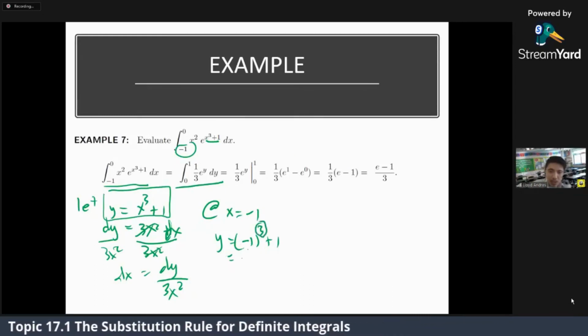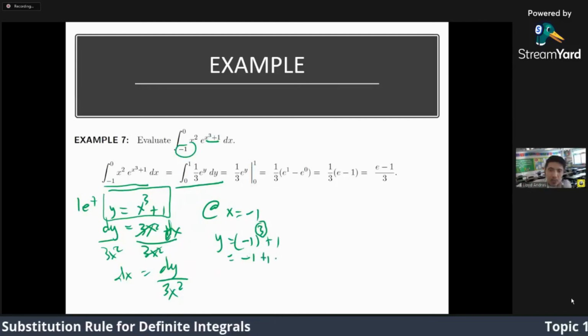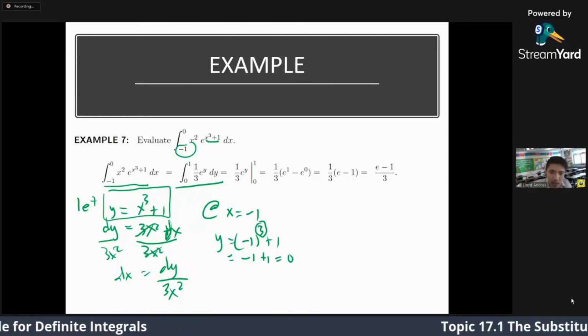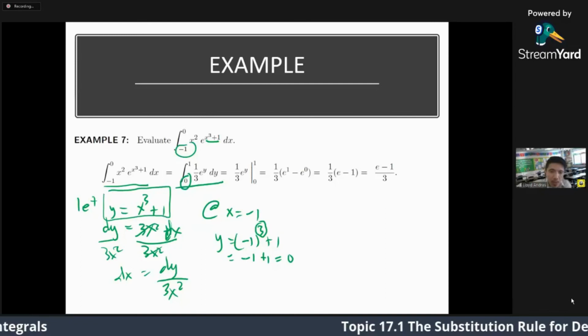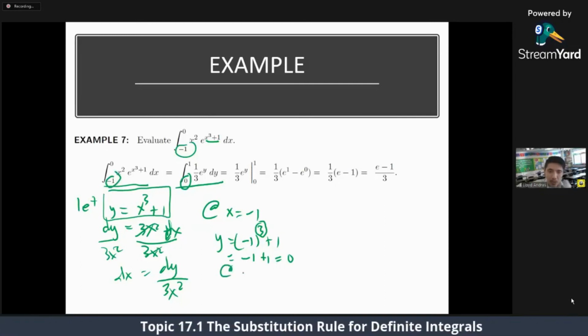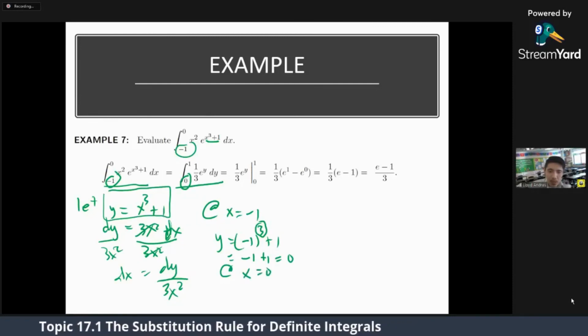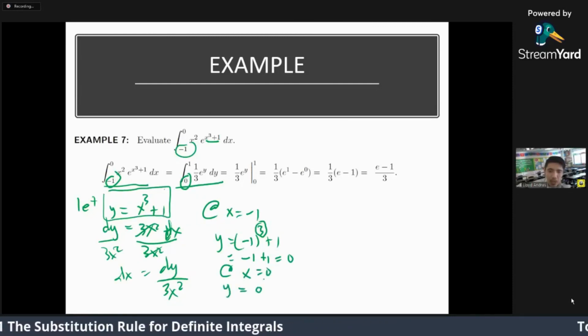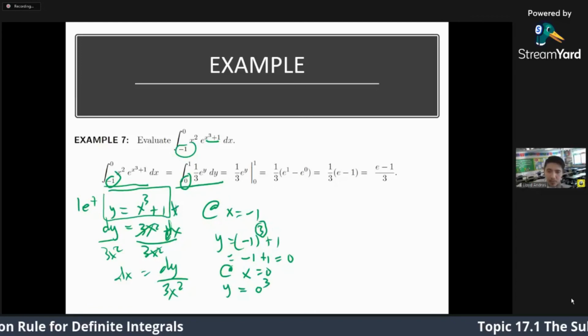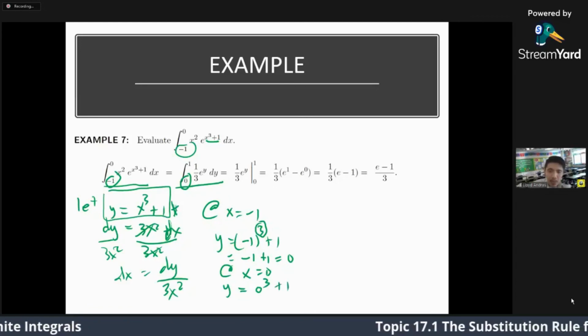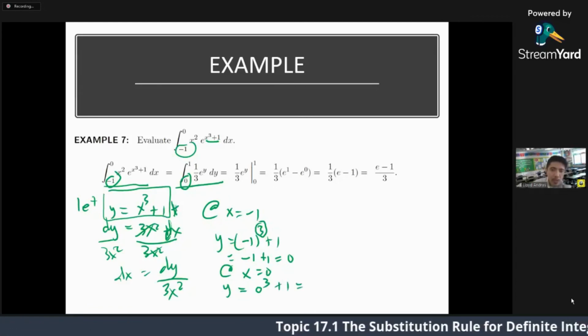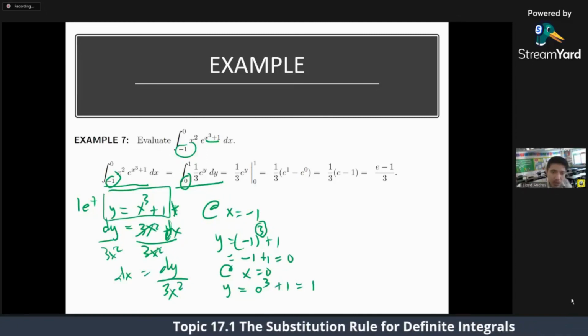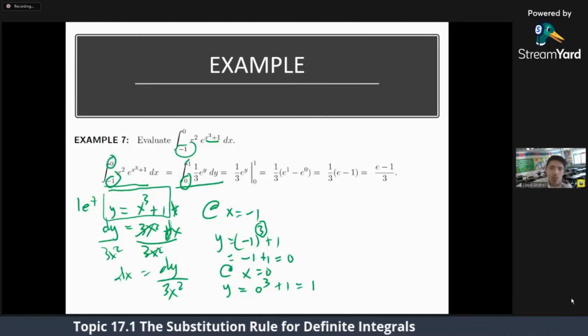So negative 1 plus 1 is 0. That is why negative 1 became 0. Next, at x equals to 0, y equals to 0 cubed plus 1, and 0 cubed is 0, plus 1 is 1. So the 0 changed to 1.